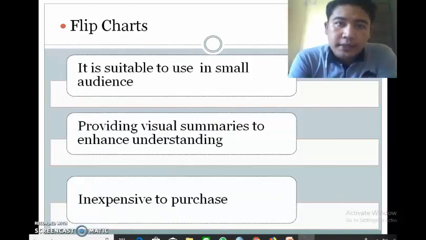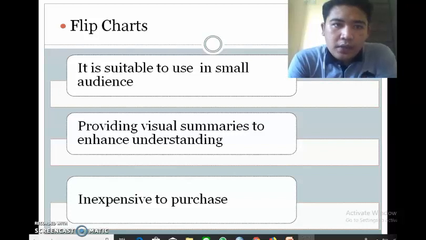Okay, my name is Angga Dudi Adnyana, and I will present you about the flip chart. Flip chart is a small board that the presenter usually brings to demonstrate their material. Why? Because it is suitable to use in a small audience or the small rooms.